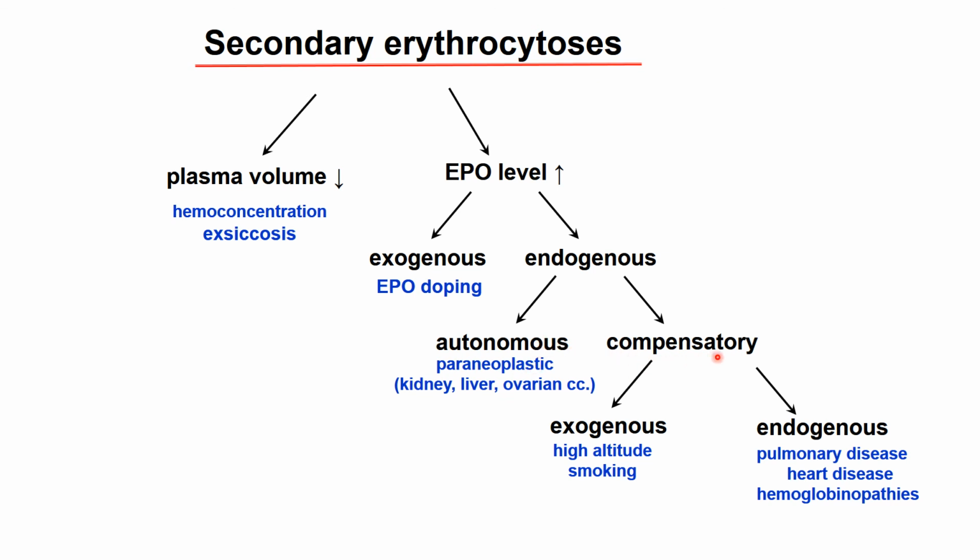And it can be due to a compensatory reason, because when we do have hypoxia, it induces erythropoietin synthesis, such as, for example, when we live at a high altitude, or smokers, for example, can have secondary polycythemia, but endogenous others, for example, pulmonary diseases, such as chronic obstructive lung disease, or heart diseases, or different types of hemoglobinopathies can cause a secondary erythrocytosis.